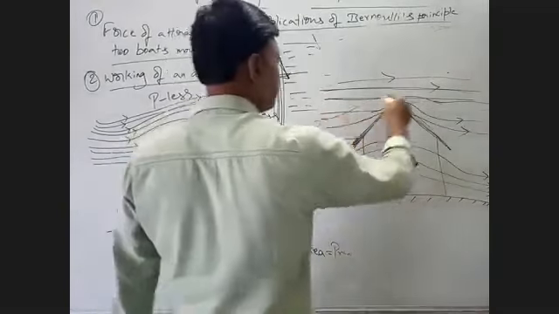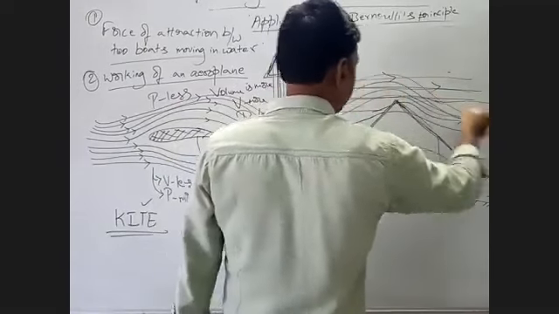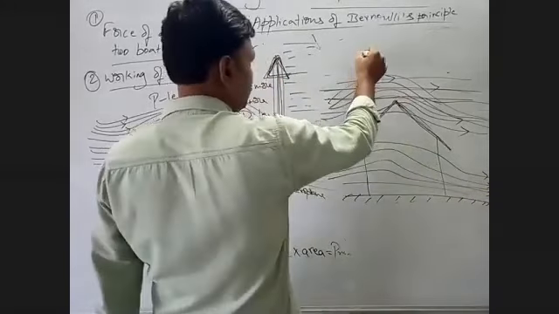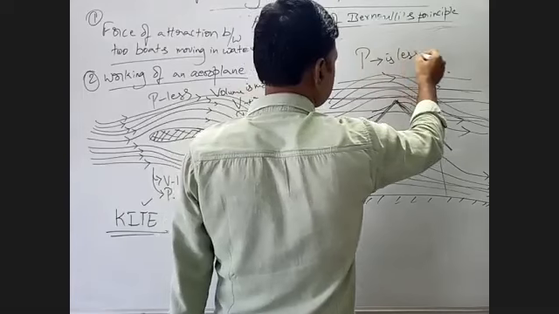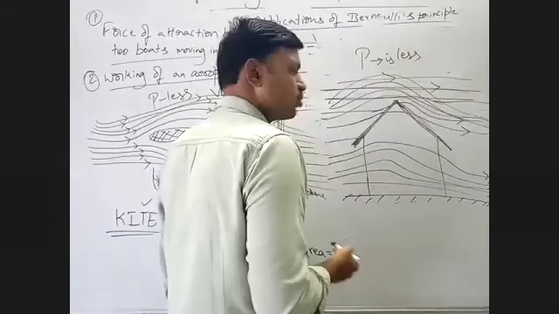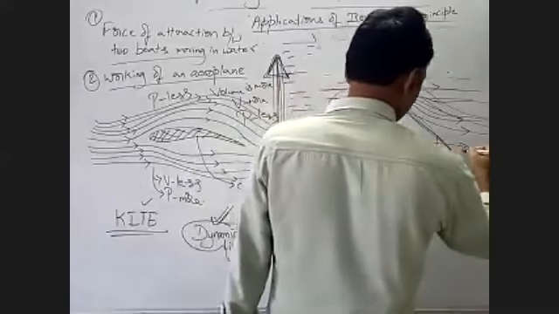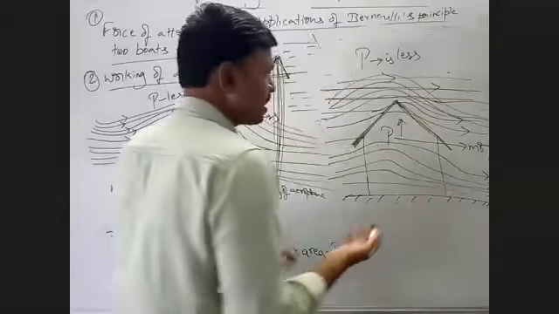Now in this process, see what is happening here. The air is flowing like this. As a result, here the pressure is less, the volume of air is more, and here the pressure is more. More pressure. So as a result, what happens?